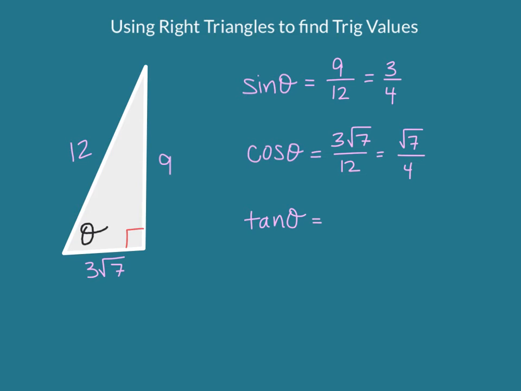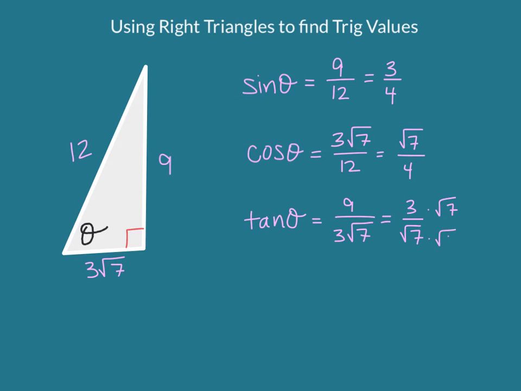The tangent of theta is the opposite divided by the adjacent. So it's 9 over 3 root 7. The 9 and the 3 can simplify, so it's 3 over root 7. Now we don't like a radical in the denominator, so we'll rationalize it.